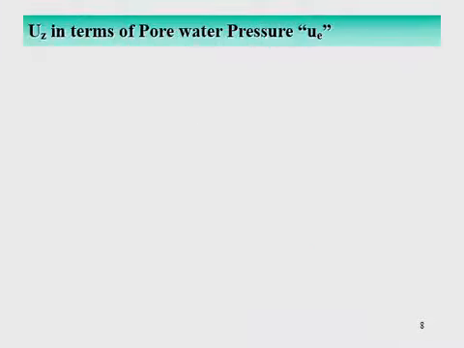Now let's represent Uz in terms of excess pore water pressure Ue, and it could be shown in terms of Ue because Ue changes with time. As the consolidation progresses, Ue changes with time, and so does Uz.